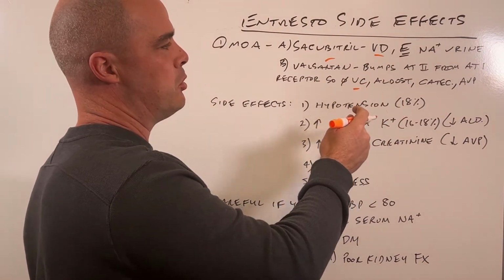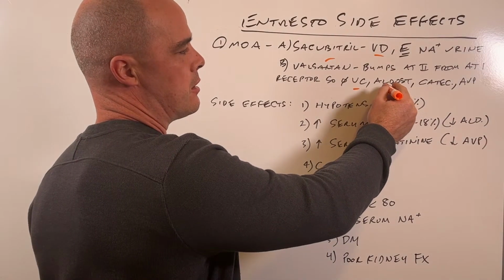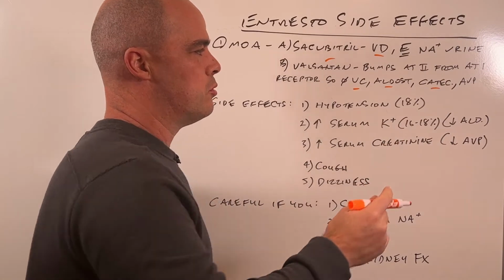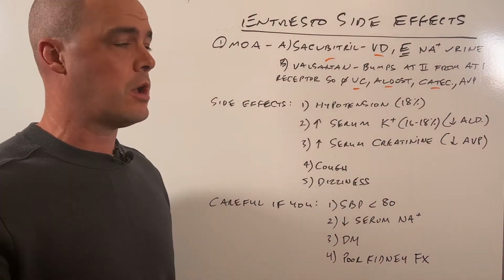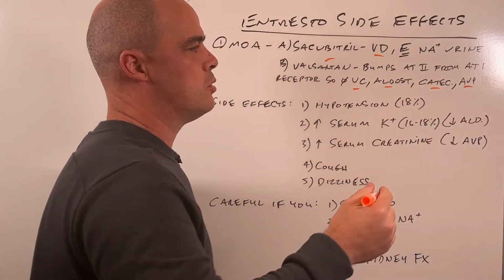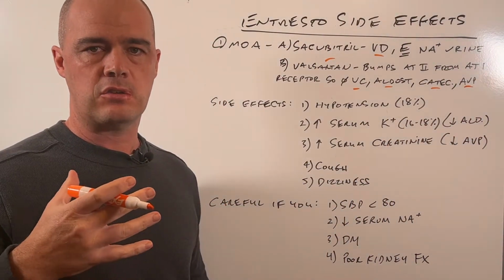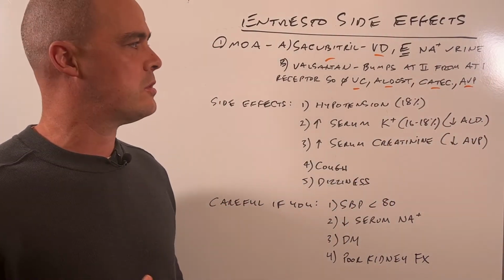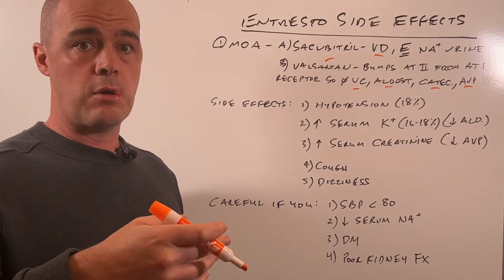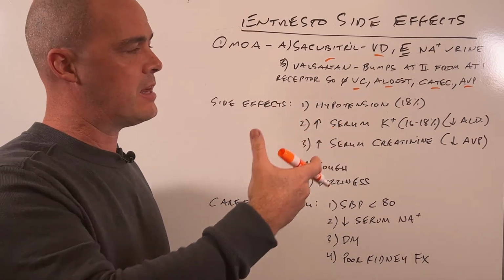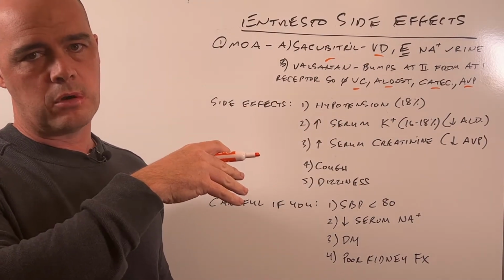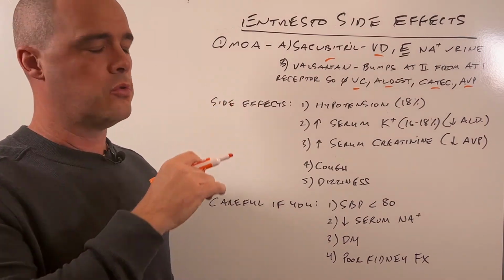It's not able to release a compound called aldosterone. It's not able to release catecholamines like adrenaline. It's also not able to release AVP, arginine vasopressin, an anti-diuretic hormone. A diuretic hormone would cause you to pee, anti-diuretic causes you to not pee. That will become important a little later as we go through the side effects.